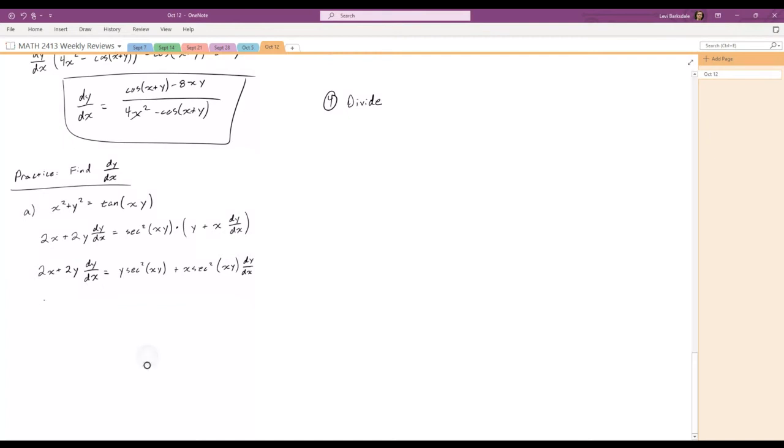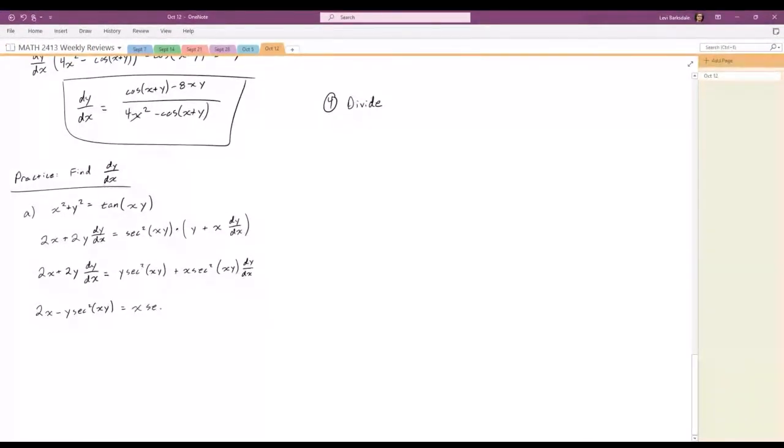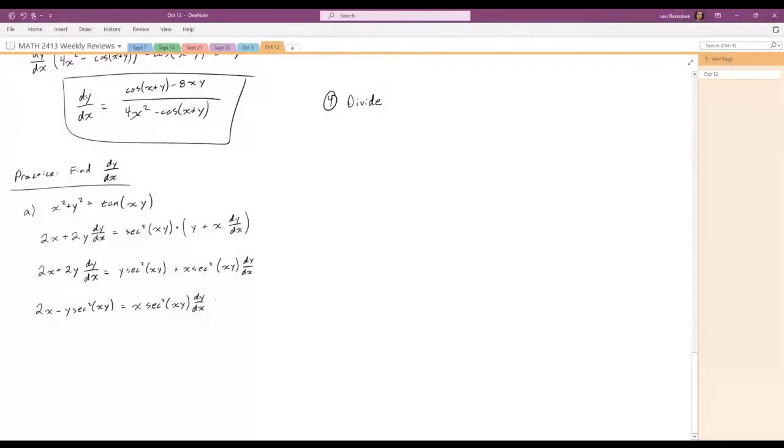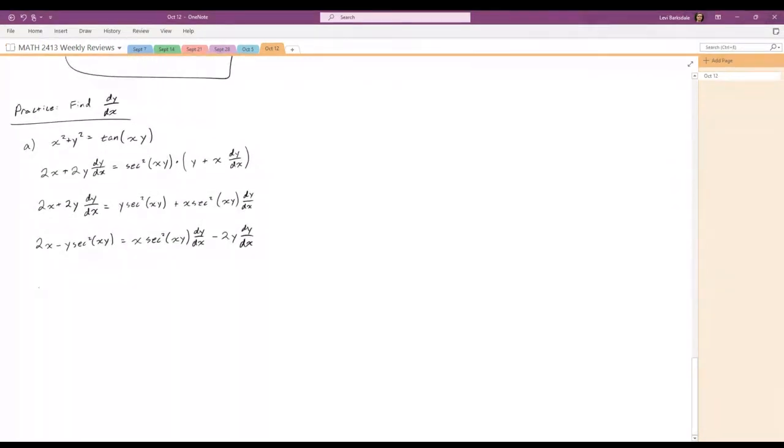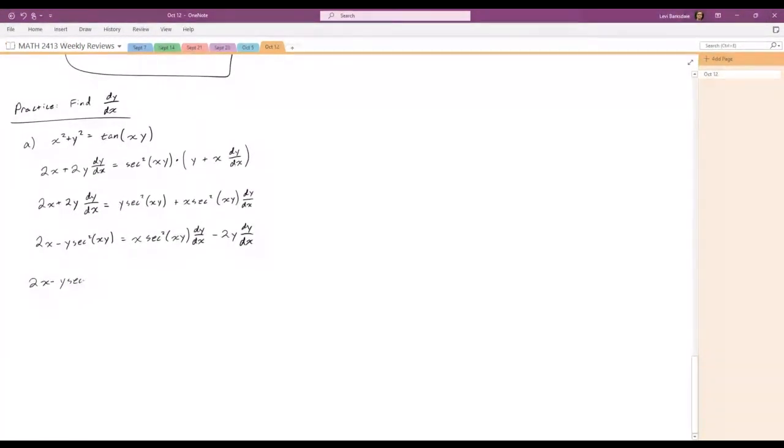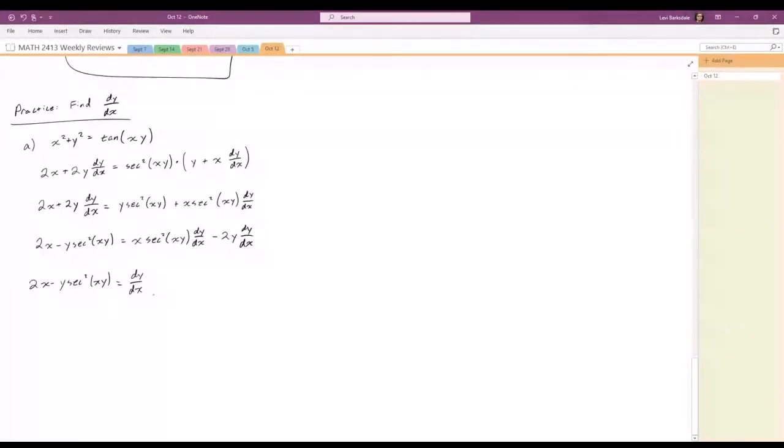I'm going to put everything with the dy dx on it on the right-hand side, so I have 2x minus y secant squared of xy is equal to x secant squared of xy times dy dx minus 2y dy dx. Again, I'll factor out dy dx, and that gets 2x minus y secant squared of xy is equal to dy over dx times x secant squared of xy minus 2y.